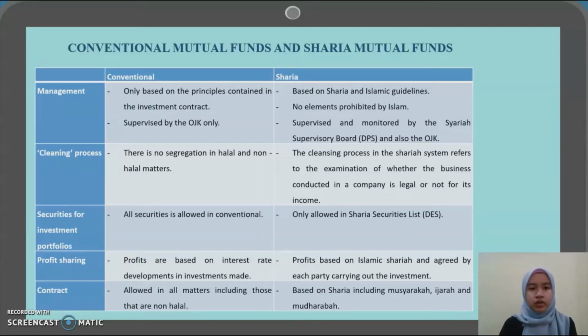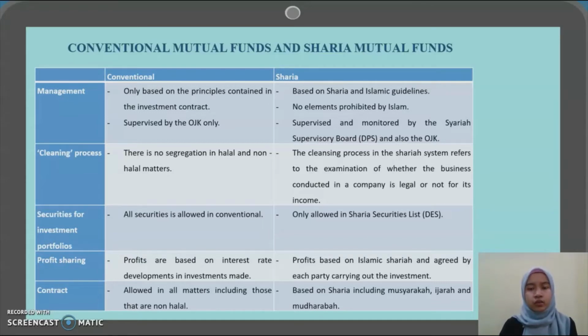So I will continue the presentation by starting with the difference between conventional mutual funds and Sharia mutual funds. Okay, first is about management. The conventional mutual funds are only based on the principles contained in the investment contract and they are supervised by OJK only, which is the Financial Service Authority.